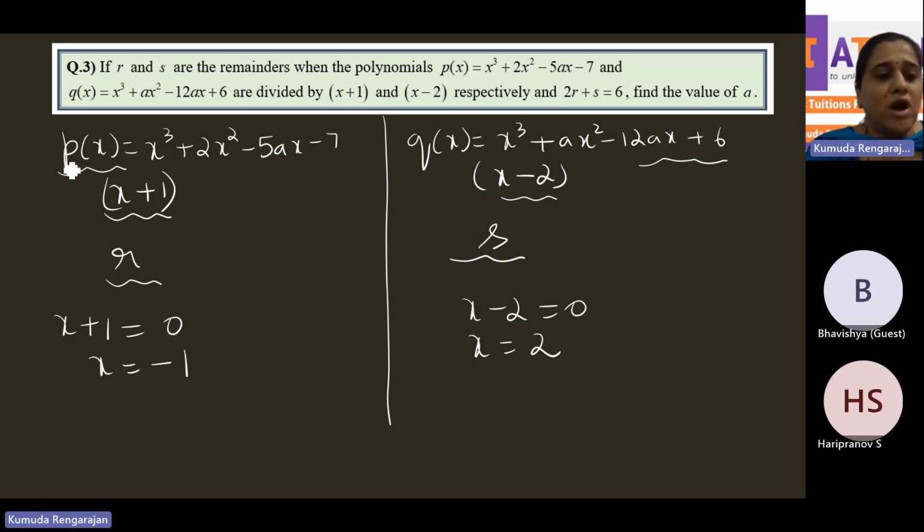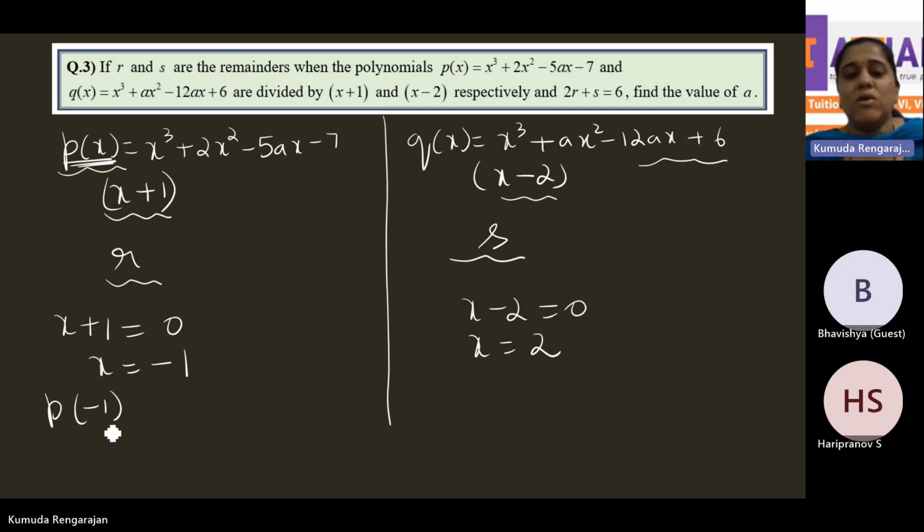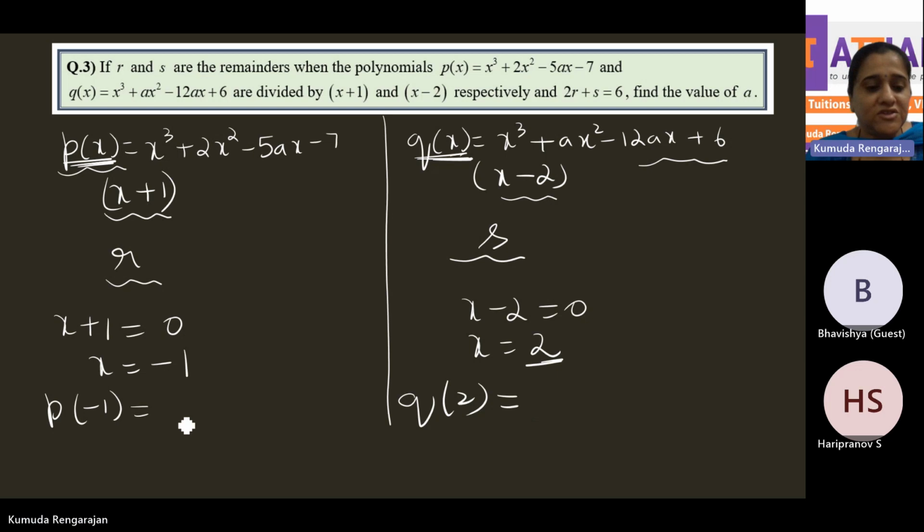Now, what is the dividend called? P of X. So we have to find P of minus 1. Here, what is the dividend called? Q of X. So we have to find Q of 2 because X is 2. This place is for the remainder. If you know the remainder, you should put the remainder there. What is the remainder?